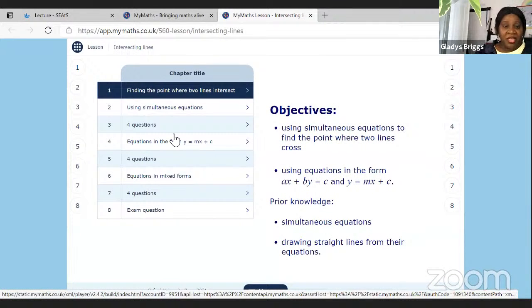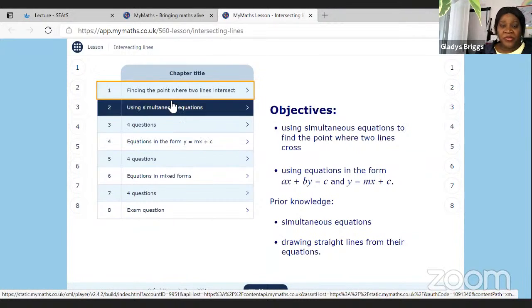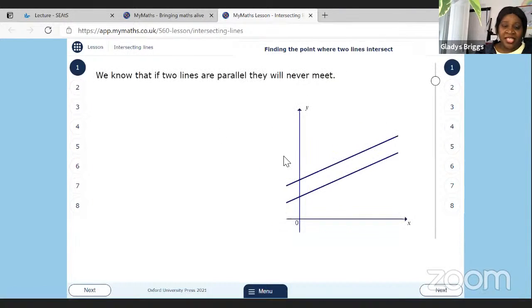The idea is if you have two lines, instead of drawing them and using graphical methods to find where they intersect, you use simultaneous equations to find where they intersect. So this is what we've already done in foundation math, so there's nothing new here. Basically, we're just doing simultaneous equations, okay?